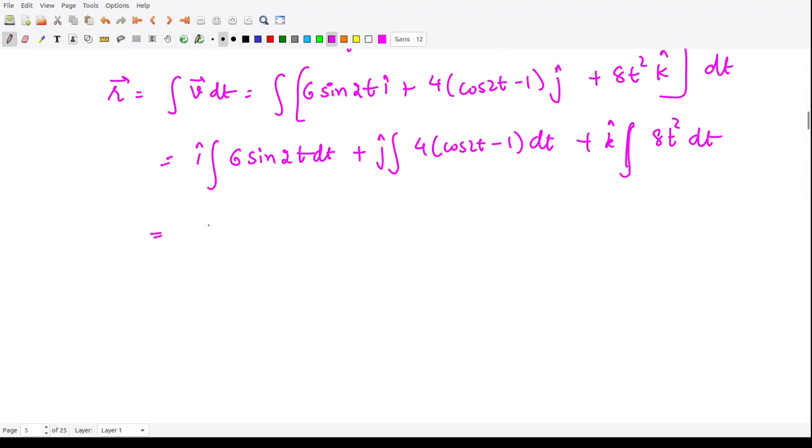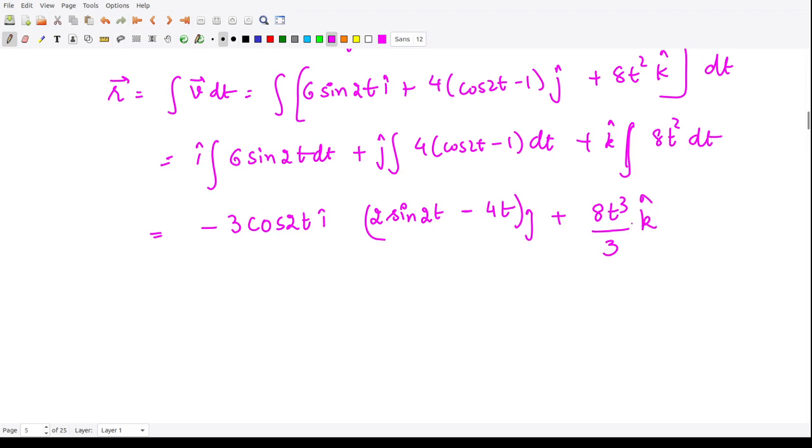So when you perform the integration here, the integration of sin 2t gives us simply minus 3 cos 2t I cap, and then for the j term you obtain 2 sin 2t minus 4t j cap, and then you have here 8 t cube by 3 k cap. So this is the vector r. Now we are also given when t is equal to 0, the vector r is equal to 0, right?